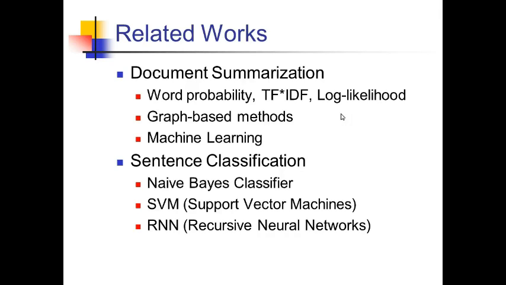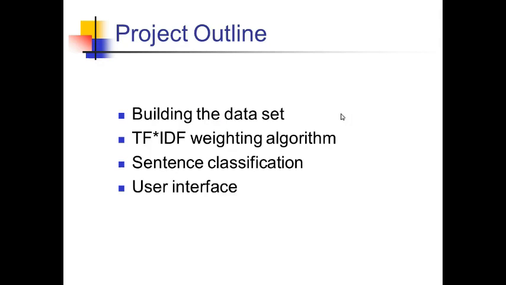There are a lot of classifiers that can be used for sentence classification, for example, the naive Bayes classifier or support vector machines, one of the most popular classifiers, or you can use recurrent neural networks. In this project, the SVM will be discussed.